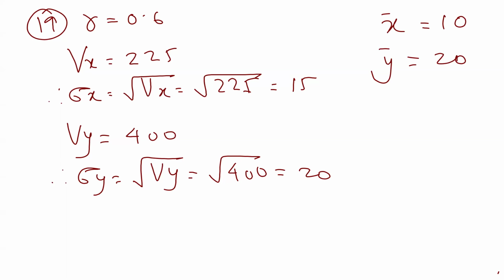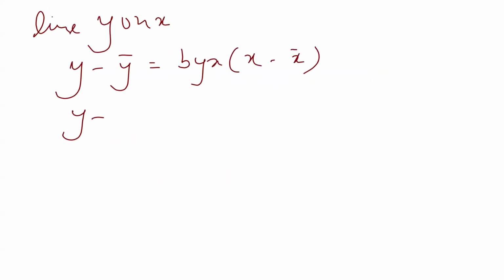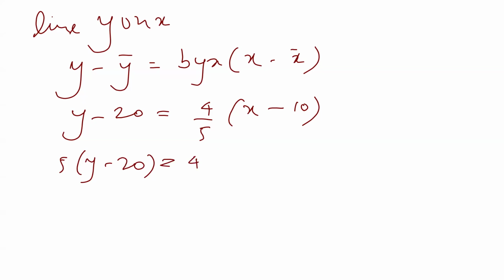Okay. So let's substitute these values. Y minus 20 by x is equal to, if I'm not wrong, it is 4 upon 5, which we calculated. Okay, x minus x bar is 10, so 5 into y minus 20, 4 into x minus 10.